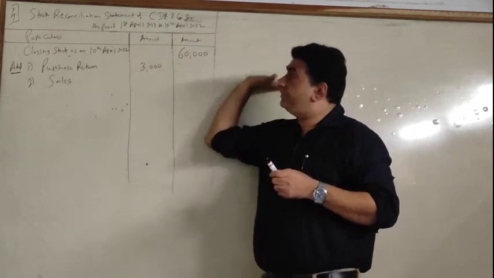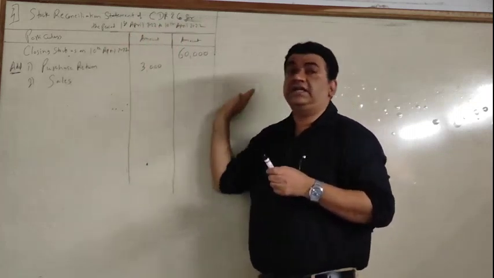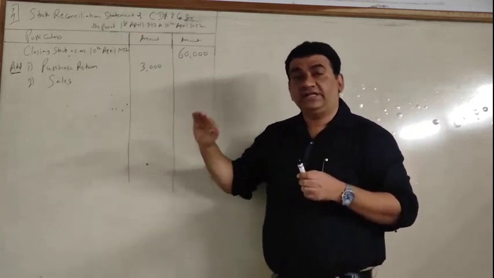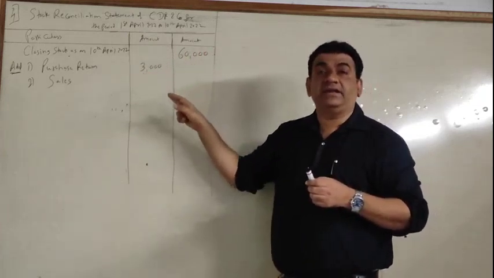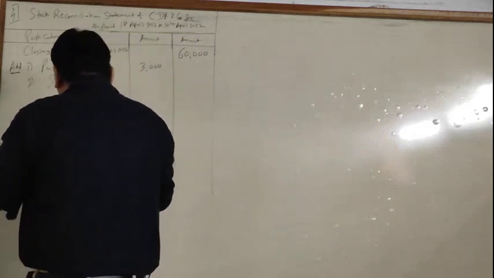I want stock before 1st April. It has gone out after 31st March. But on 31st March I had it. It has gone out, not included in the 60. Therefore, I am adding it back. As I told you, sales, you have to add at cost.